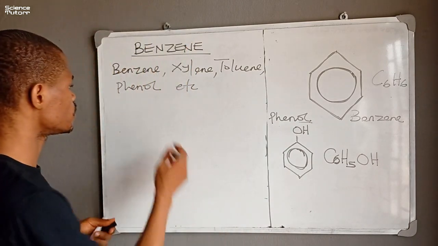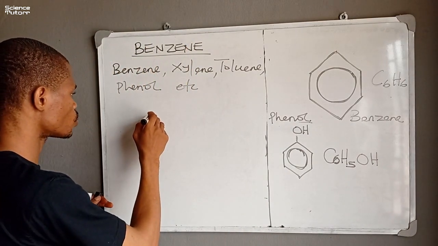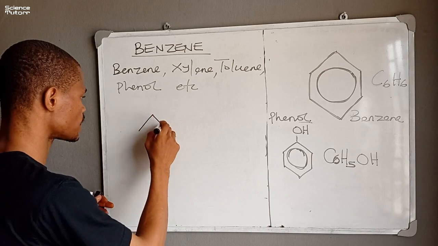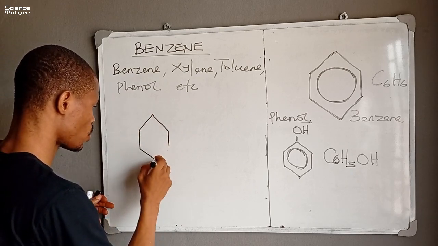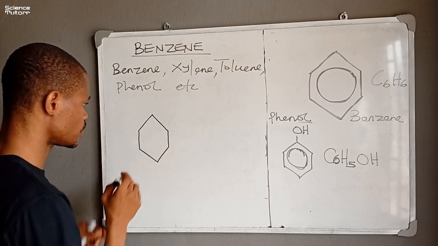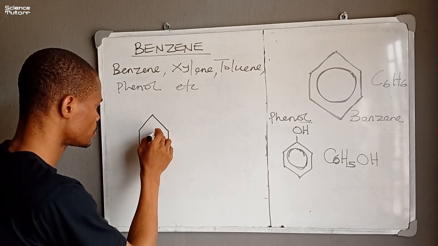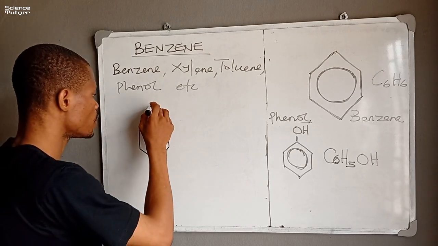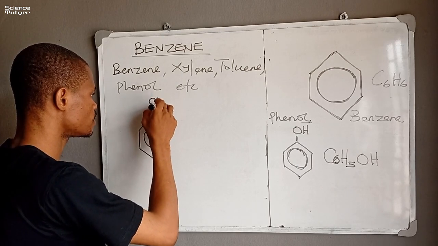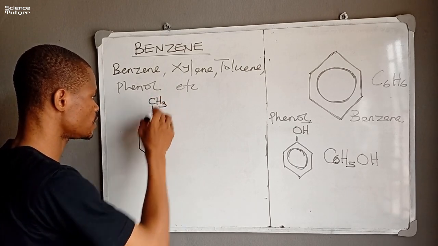So that of toluene, toluene also has the same shape as benzene, but there is also a drop in the hydrogen atom. So we have benzene. For toluene, we have it connected by a CH3.